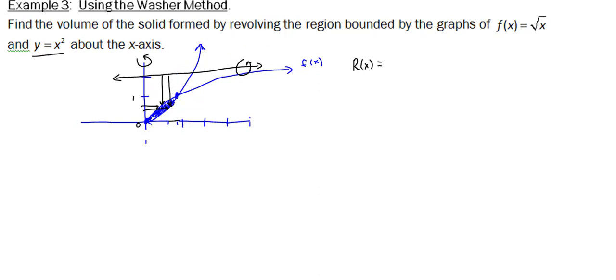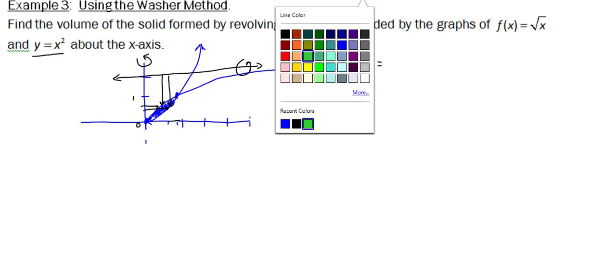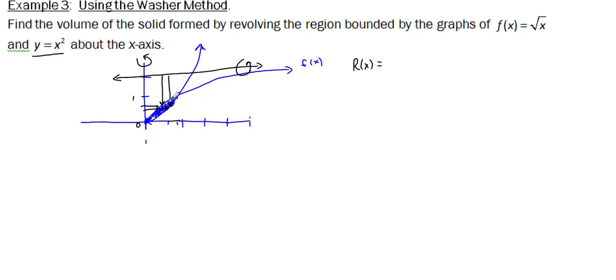Well, we go to green pen and say, to get this distance, I need to take this distance minus this distance, which will give me the radius. So the distance from the x-axis to the axis of revolution, which is y equals 2, minus the height of the bottom curve.